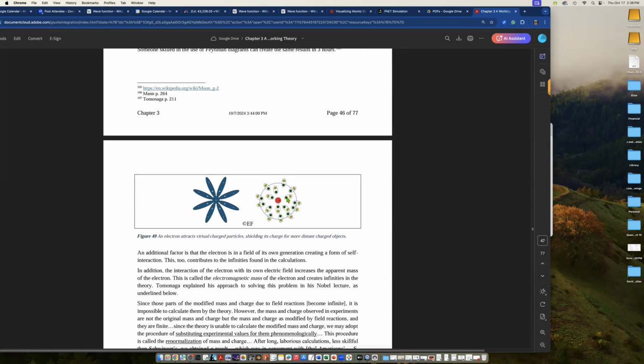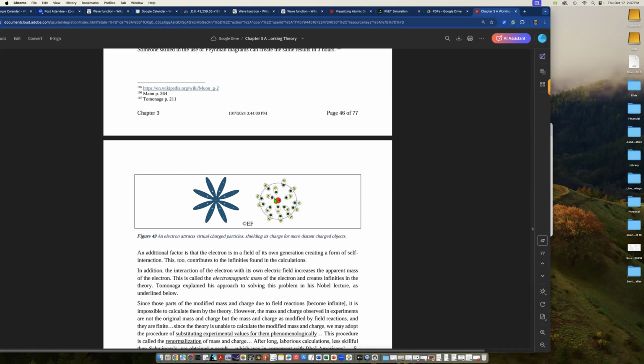So the positive charge of the virtual particles tries to get close to the negative charge of the electron. And in the process, from the outside world, the charge of this object gets shielded. So we have a charged particle in a crowd. It's like a celebrity drawing a crowd. It's hard to see the celebrity because he's surrounded by these virtual particles.